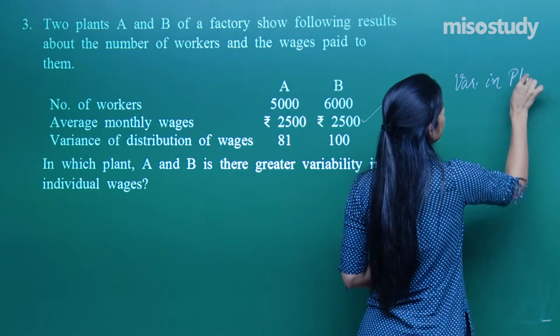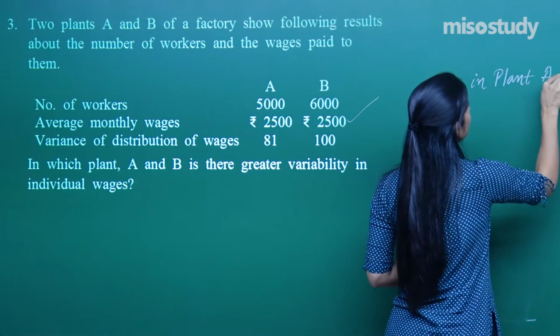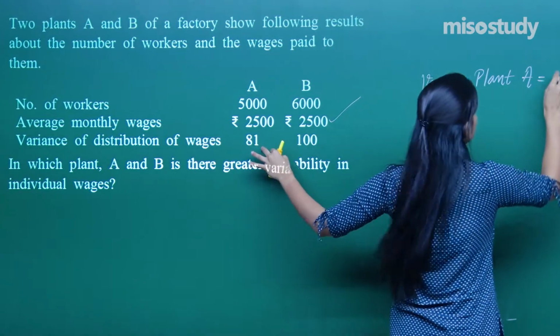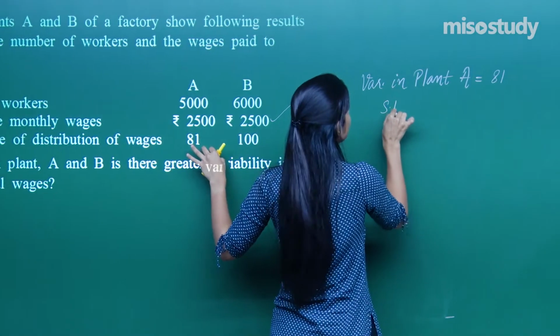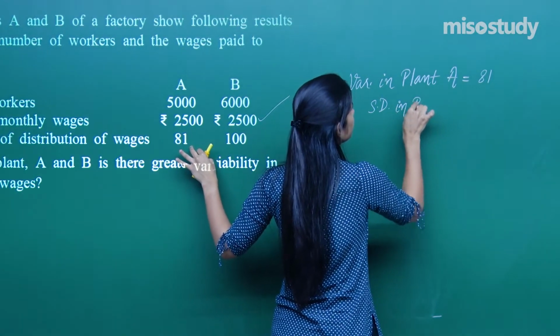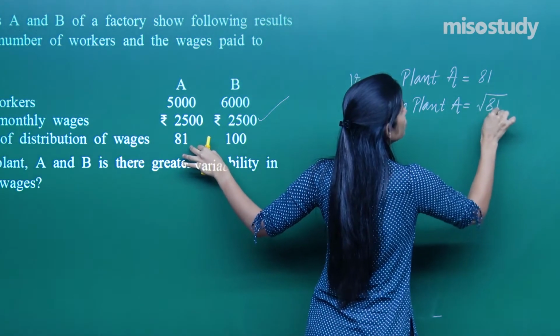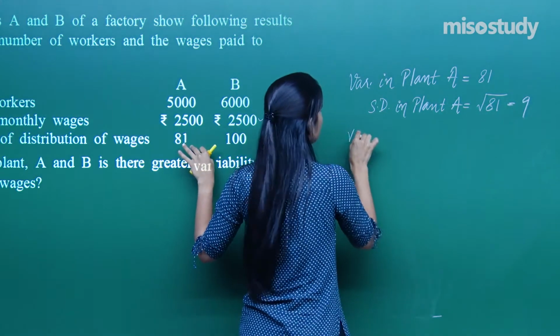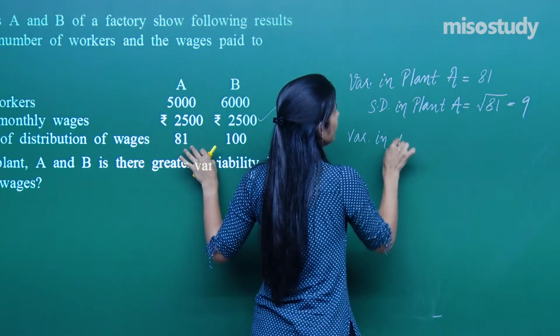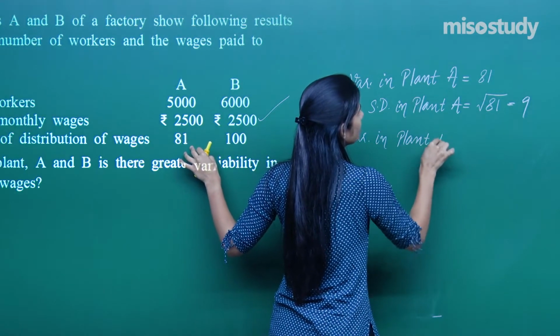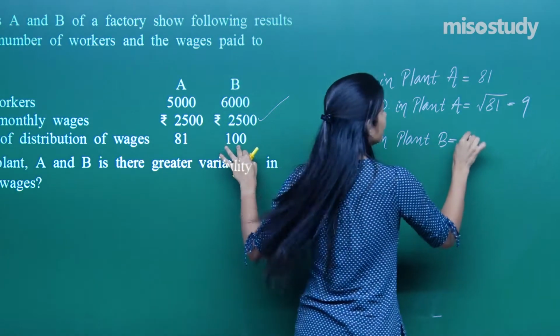So variance in plant A is 81. Therefore, standard deviation in plant A is positive square root of variance, that is 9. Variance in plant B is given as 100.